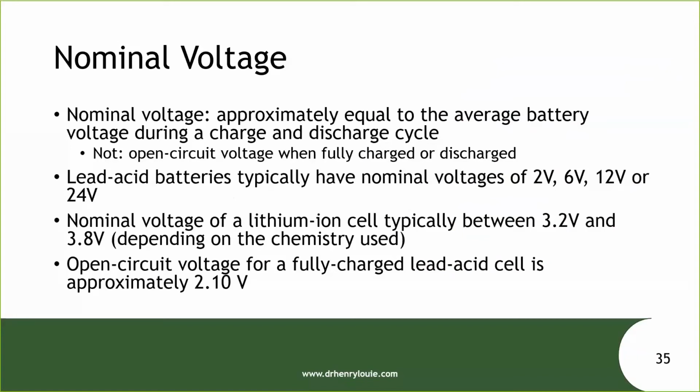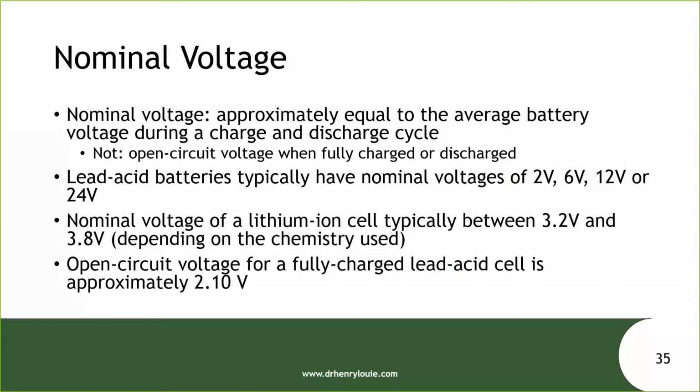Lead acid batteries typically have nominal voltages in increments of 2 volts, because each lead acid cell will produce about 2 volts, and so we just put more and more in series to get 2, 6, 12, 24, etc. Lithium ion will vary depending on the type of chemistry.